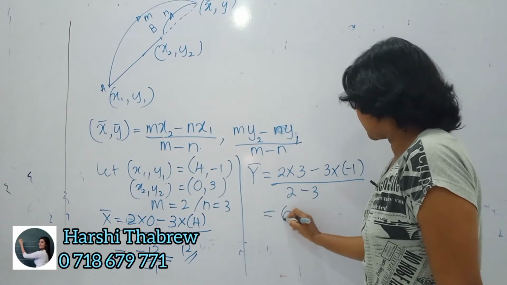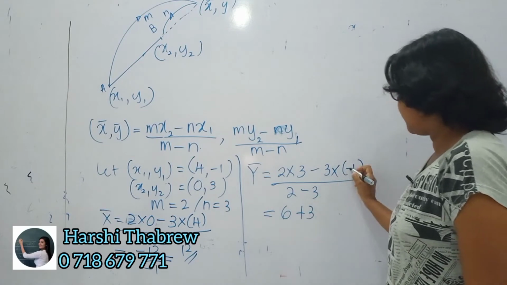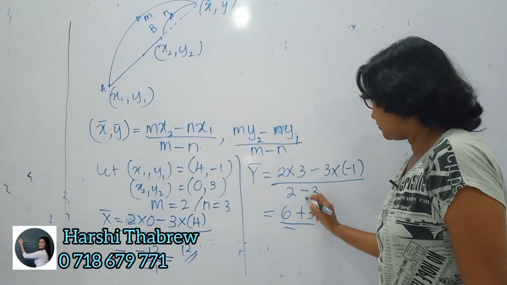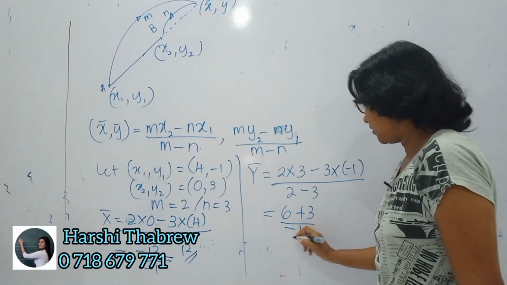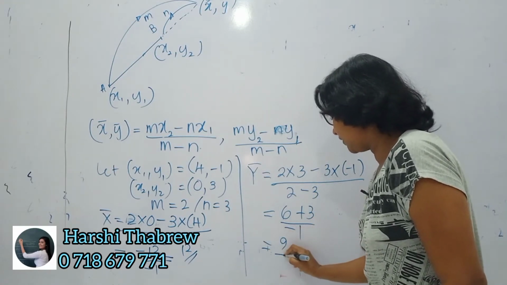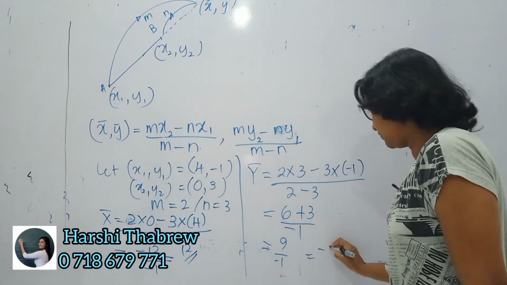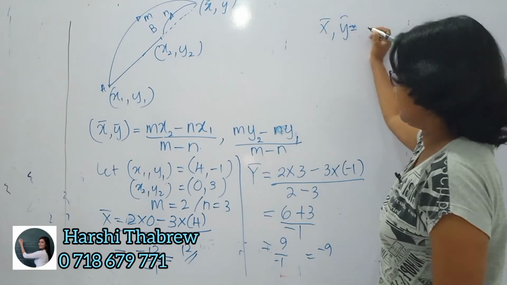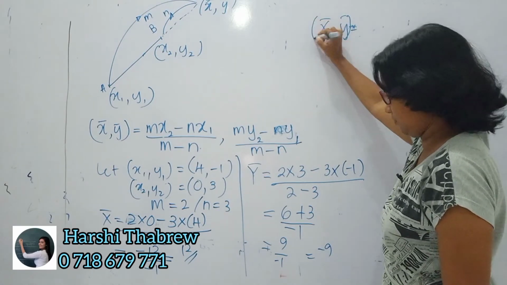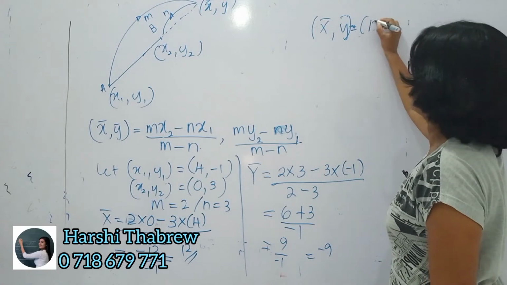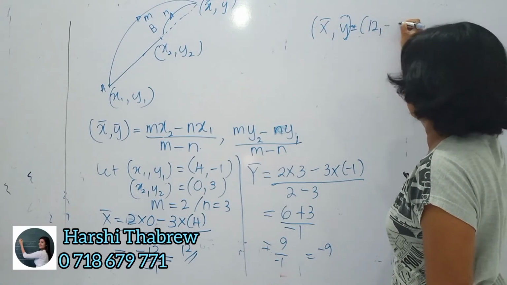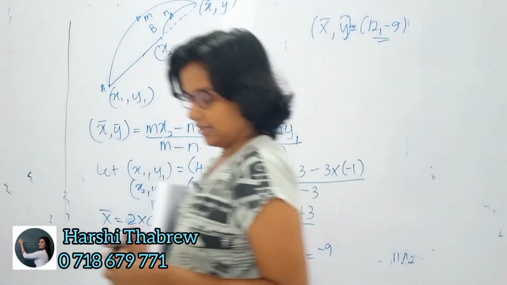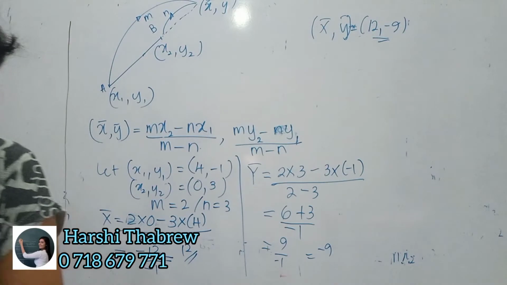Then you have 6 plus 3 here, minus into minus is plus, and the denominator is negative 1. Then it's 9 over negative 1, that means negative 9. This point (x bar, y bar) equals positive 12 and negative 9. Right? It's easy.